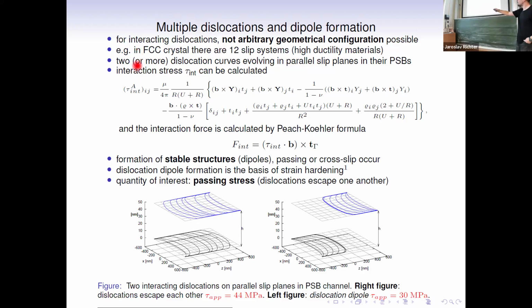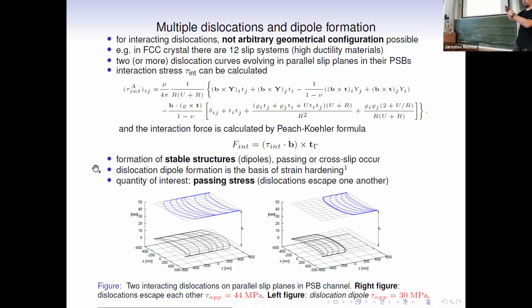Here we dealt with two, possibly more, dislocation curves evolving in two slip planes which are parallel to one another. From the theory, we can express the interaction stress between the dislocations. It's a quite sophisticated formula.